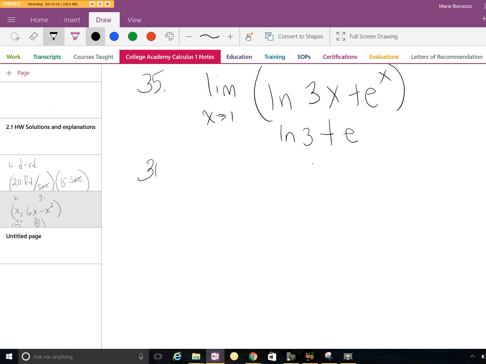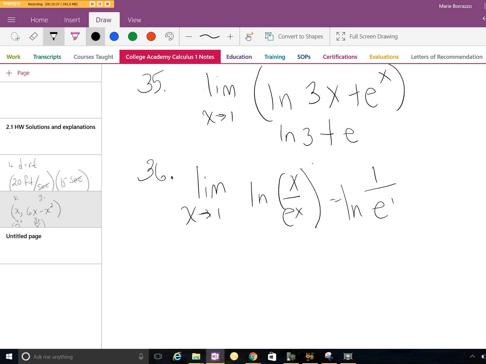Okay, and the last one, number 36. This is the limit as x approaches 1. And we're looking at the natural log of x over e to the x. So if I substitute in 1, I get natural log of 1 over e to the 1.